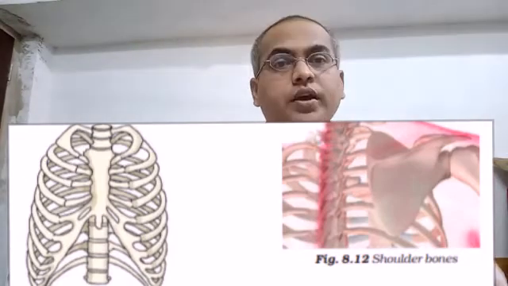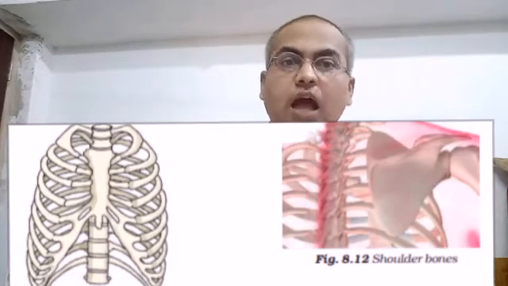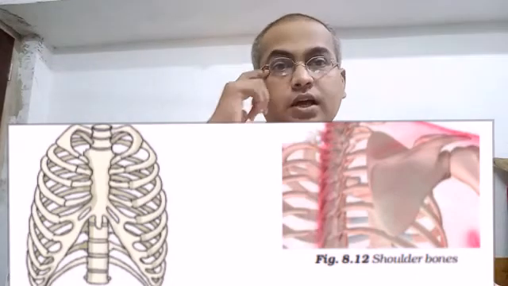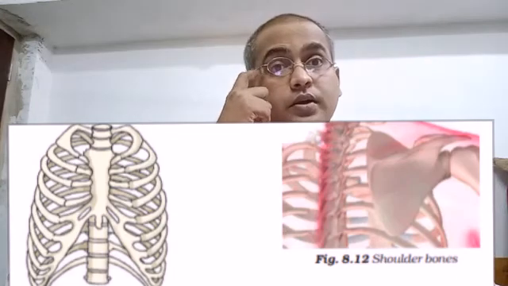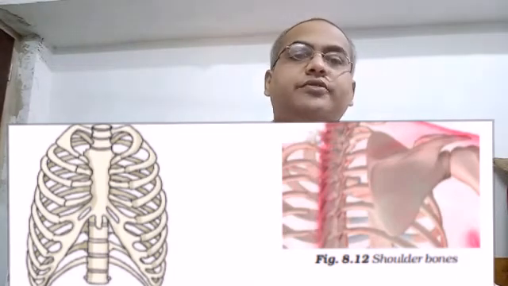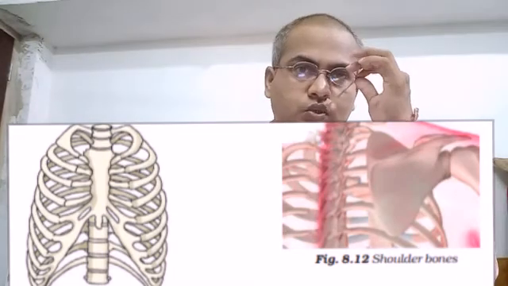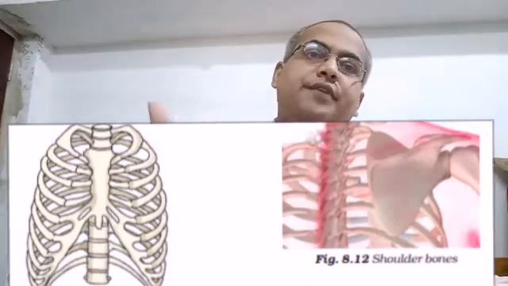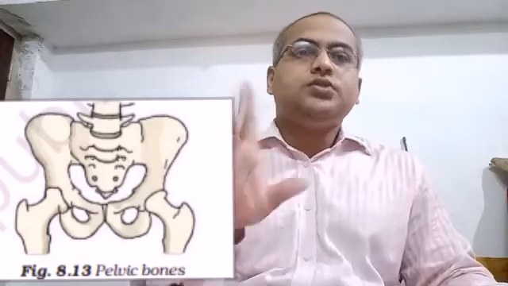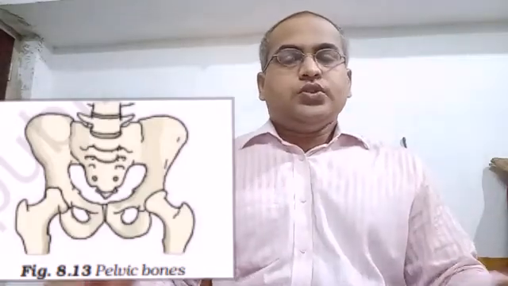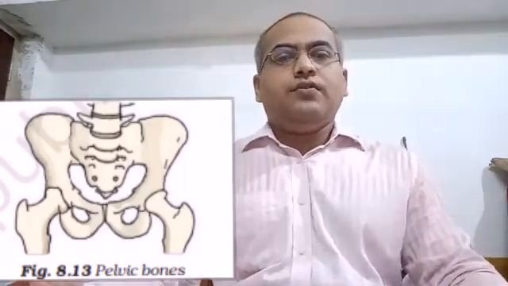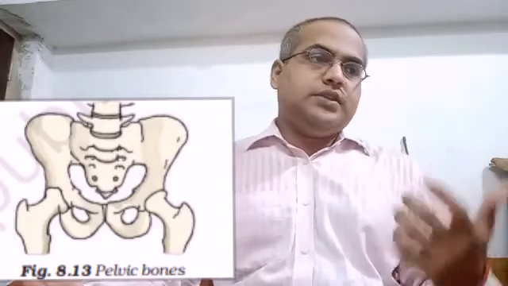Then comes the longest bone in our body, the thigh bone. Then the knee, then the two lower bones, then the 5 long bones in the foot, and every toe contains 3 bones, but only the big toe contains 2 bones. So this is the structure of our rib cage and limbs.